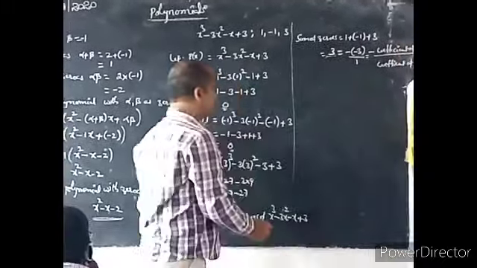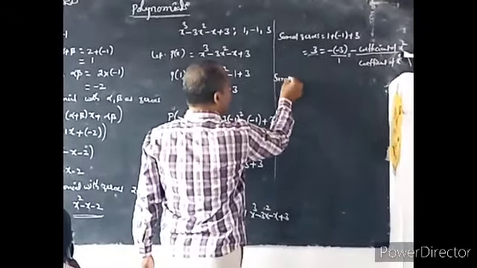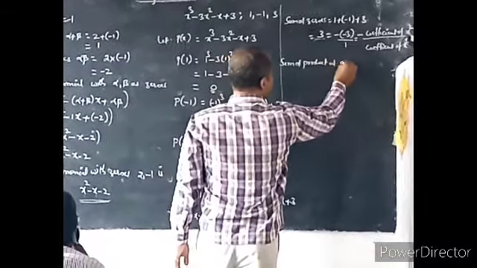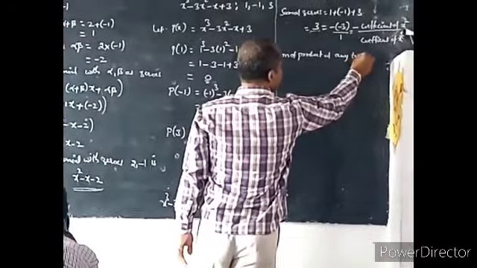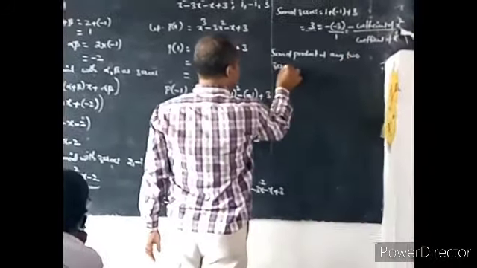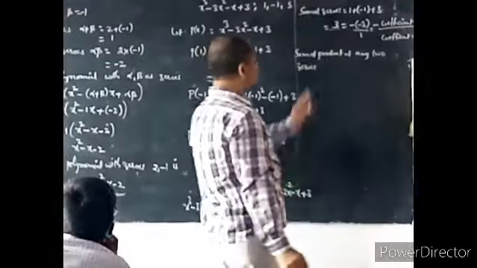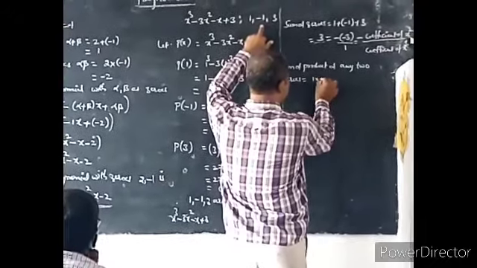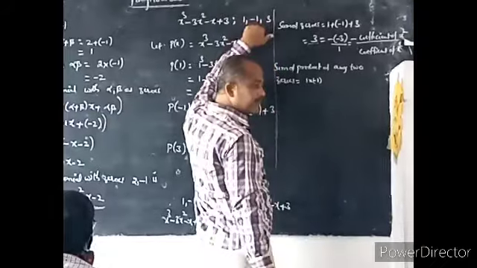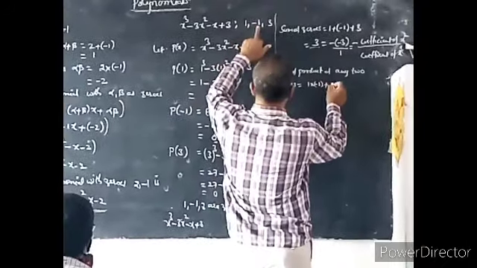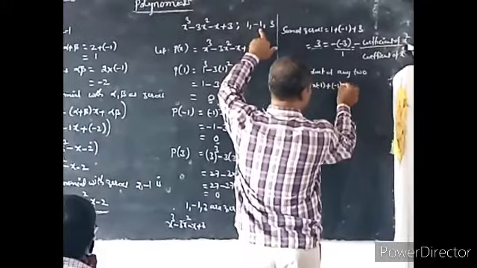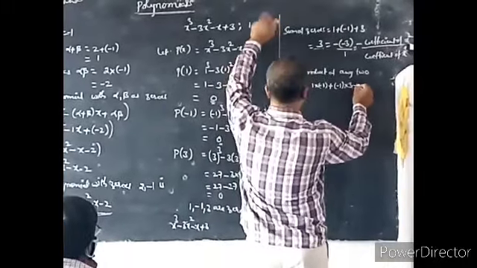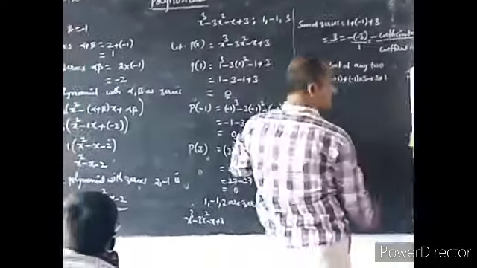Okay now, in the same way, sum of the product of any two zeros. Any two means first, here 1 and minus 1, that is 1 into minus 1, plus minus 1 into 3, next is 3 into 1.